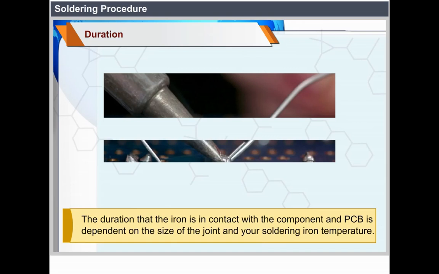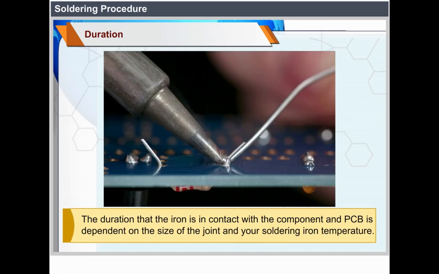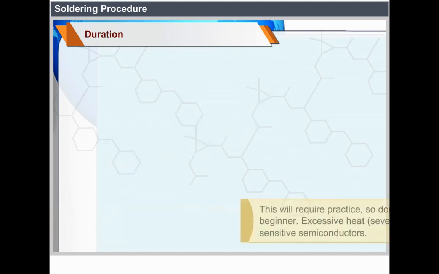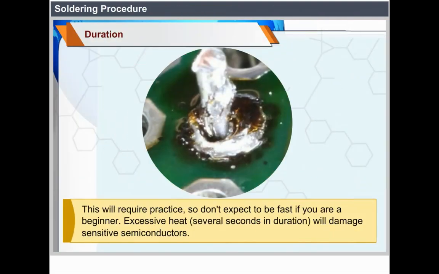Duration. The duration that the iron is in contact with the component and the PCB is dependent on the size of the joint and your soldering iron temperature. For the typical PCB through-hole joint, it should take a few seconds to heat the joint and apply the solder. This will require practice, so do not expect to be fast if you are a beginner.